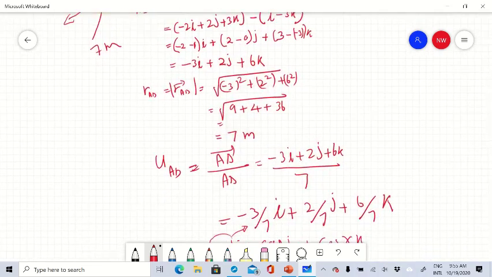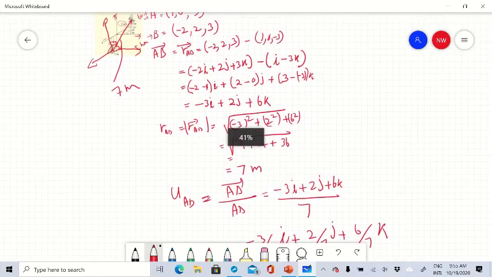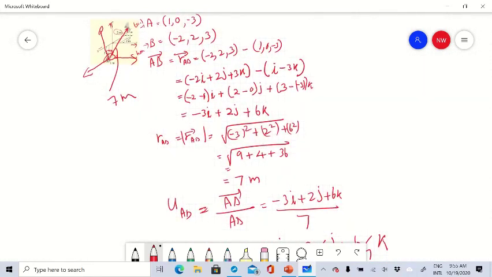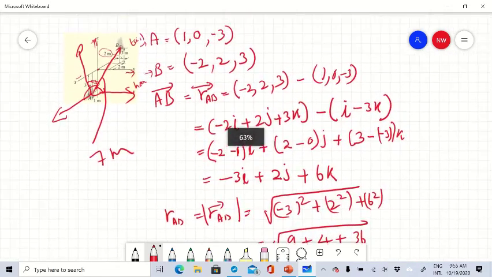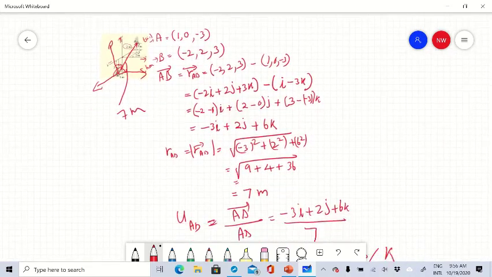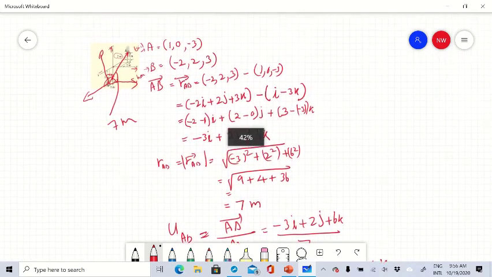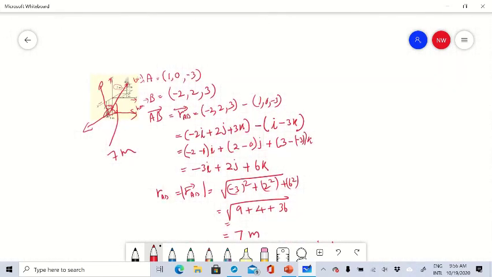So you can see that now using the unit vector concept and the position vector concept, we can easily solve this type of problem, right? So I mentioned in our previous slide, our position vector tells us how to move from one, I mean relative one position to the other one, right?